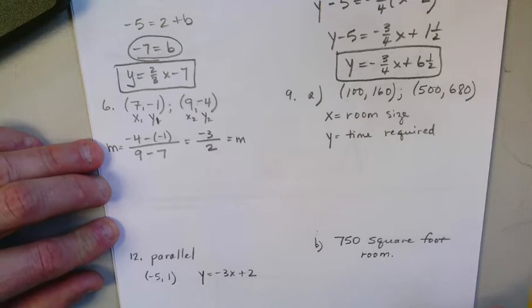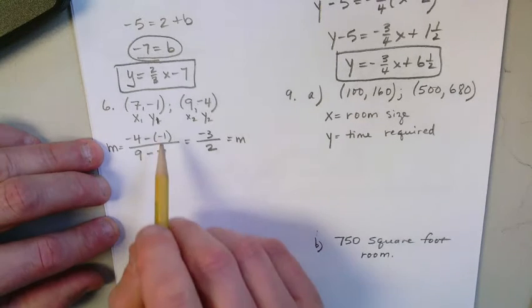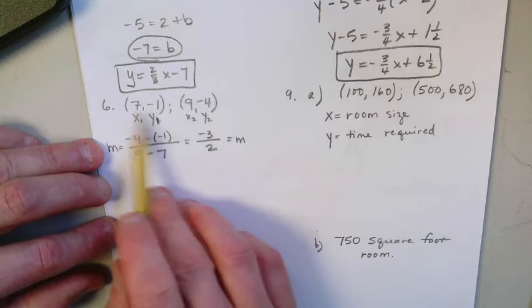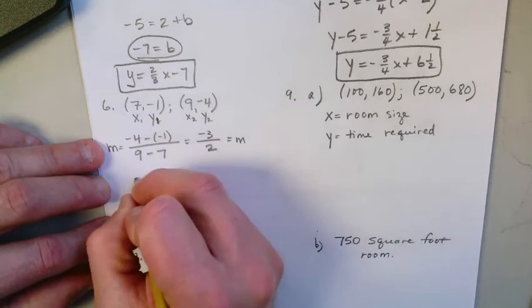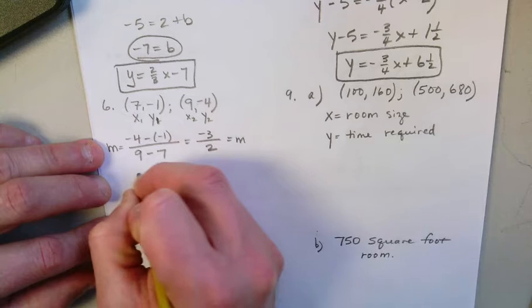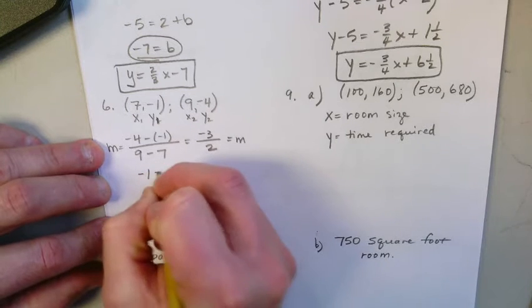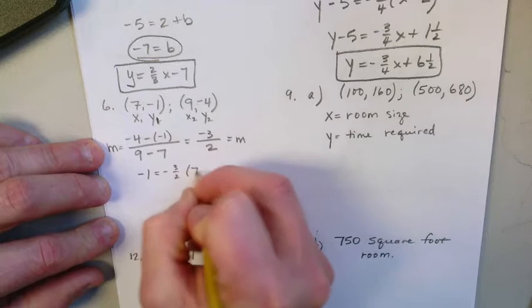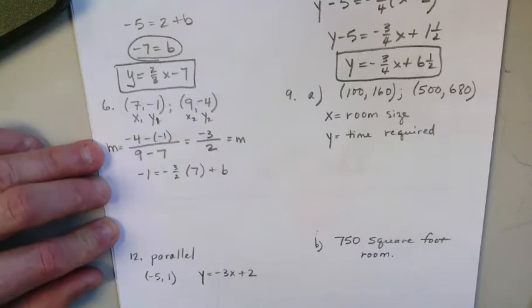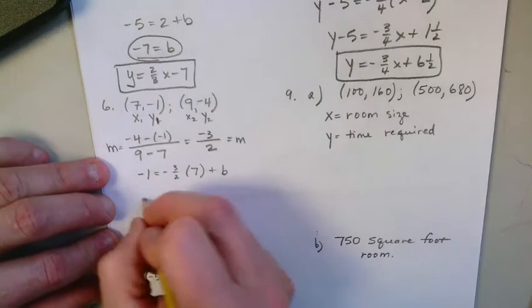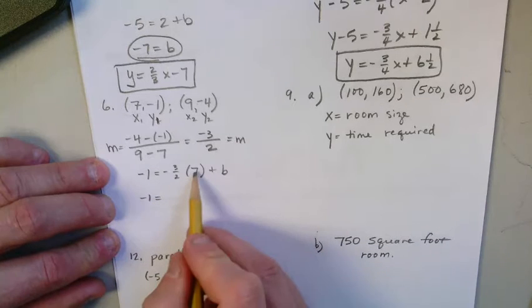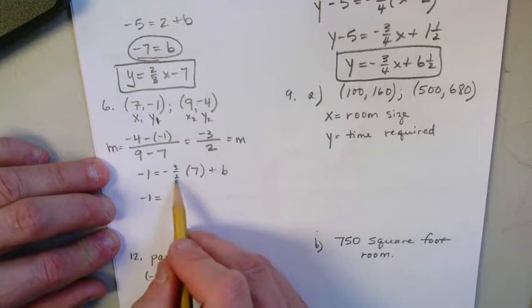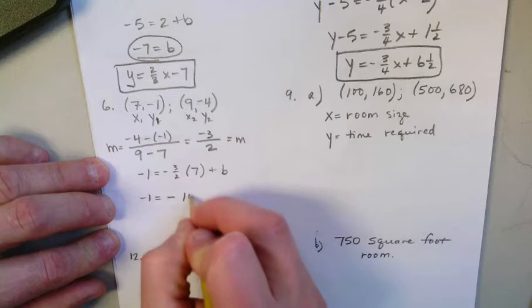Okay, sorry about that. From there, let's just choose this first point again, but this time I'm going to use my slope-intercept form. So slope-intercept would be y equals mx plus b, okay? I'm going to work this out. This ends up being 21 over 2, so a -10.5.